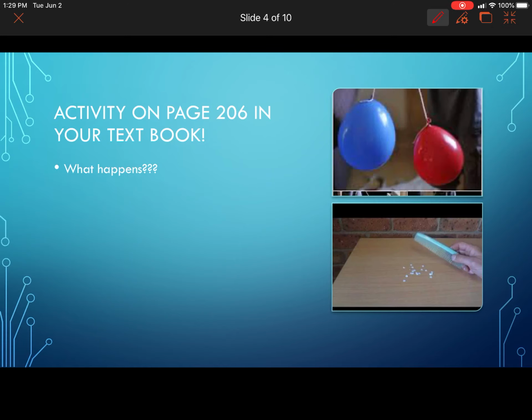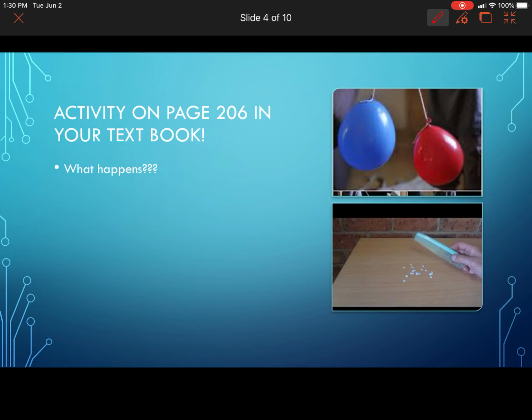Okay, so we're going to take a look at the activity on page 206 in your textbook. The first part of the activity, you're supposed to charge up a straw, but a lot of people don't have plastic straws anymore, so you can use a comb. Maybe run it through your hair, and as long as it's not too humid, you should see it getting some static.